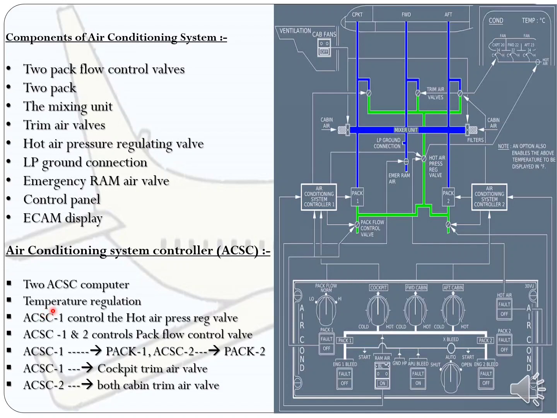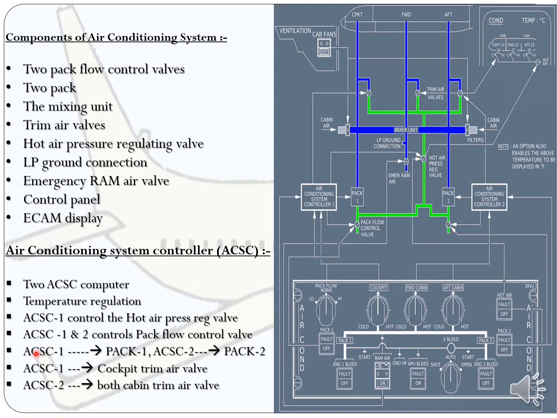And normally it is used for temperature regulation. ACSC 1 controls the hot air pressure regulating valve. Next, ACSC 1 and ACSC 2 control the pack flow control valves. ACSC 1 controls pack flow control valve 1, and ACSC 2 controls pack flow control valve 2.